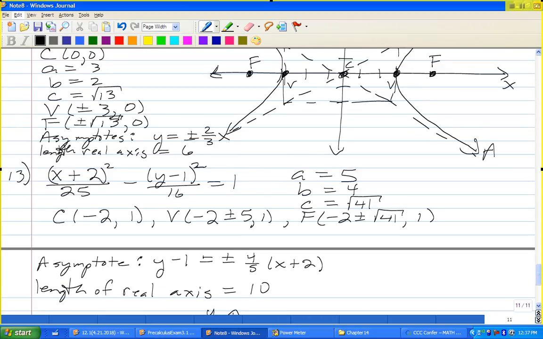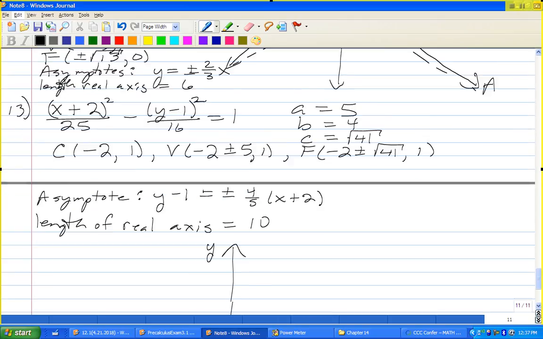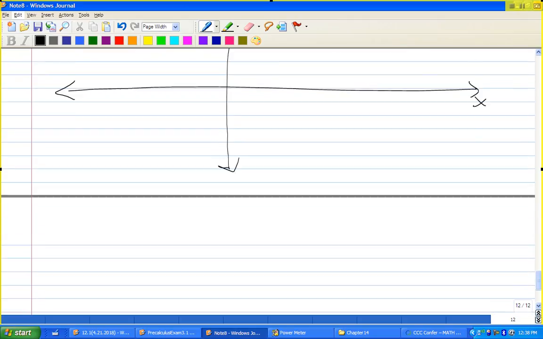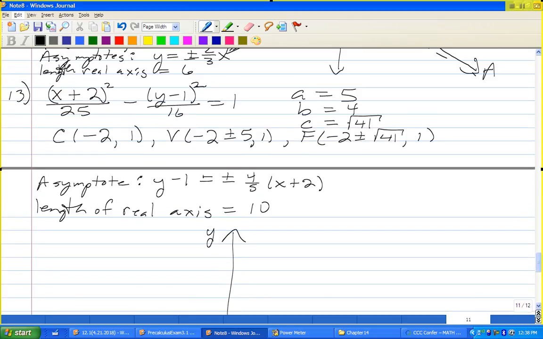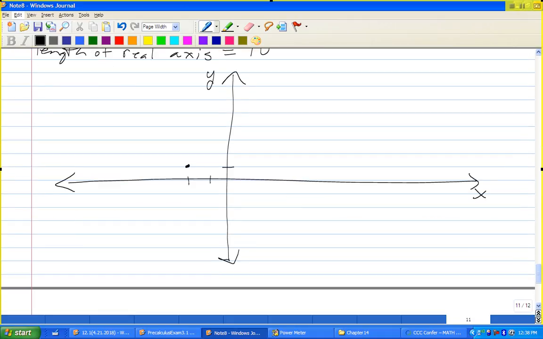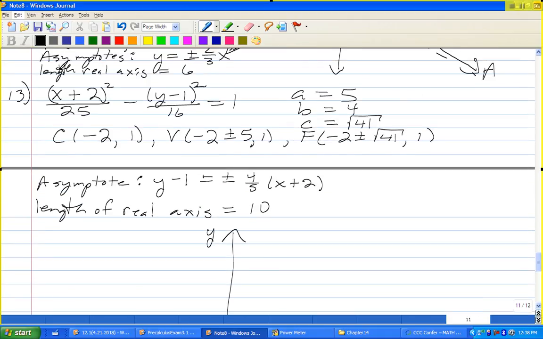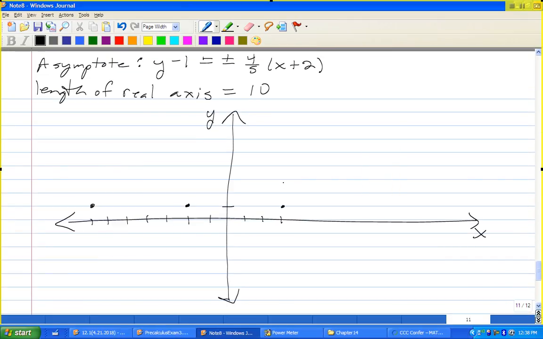So it's at -2, 1. It's my center. You go 5 in the x. 1, 2, 3, 4, 5 in the x. You go 4 in the y. 1, 2, 3, 4.